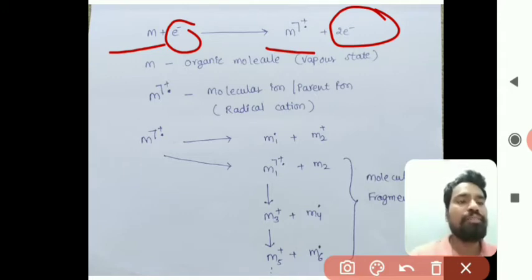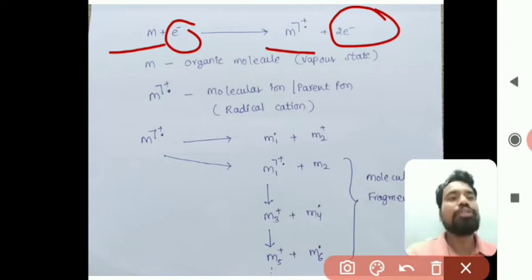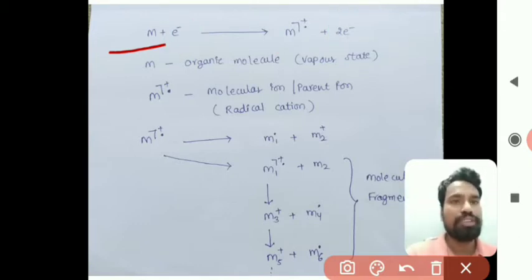As one bond consists of two electrons, one electron is evolved from the molecule. What remains is a molecule with a positive charge and one single electron, which is called a radical cation. This radical cation is formed in the electron bombardment process.